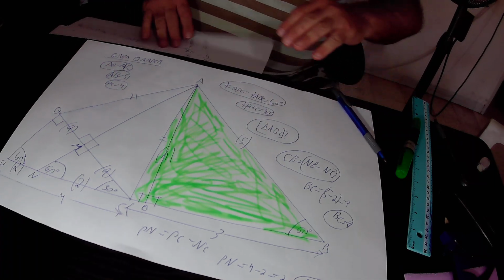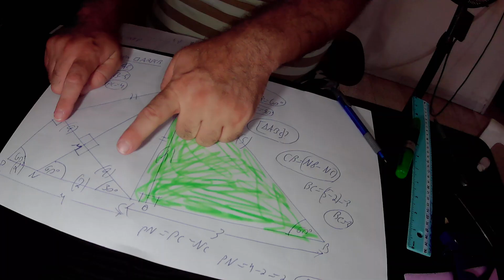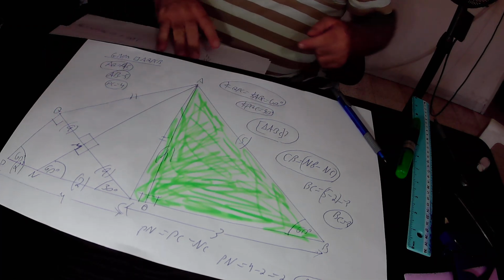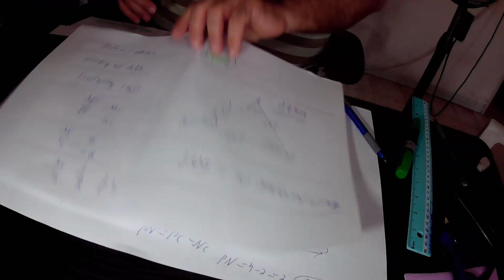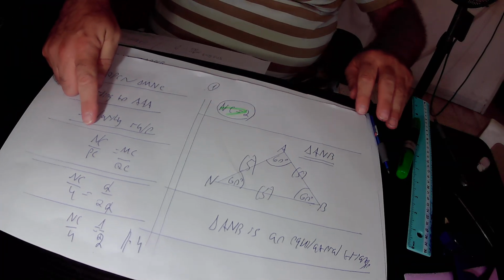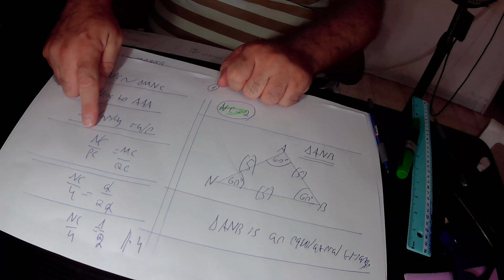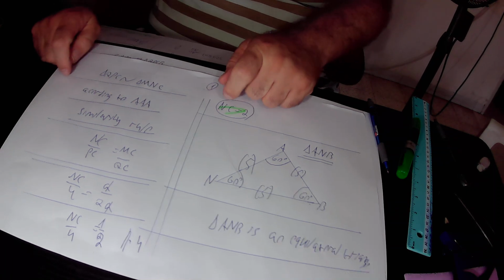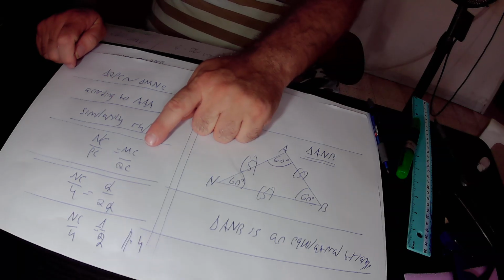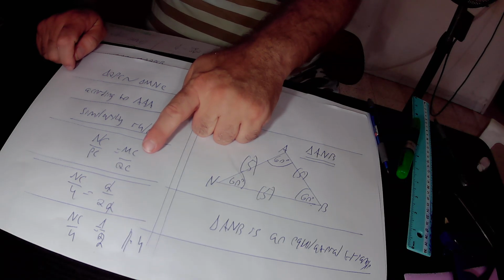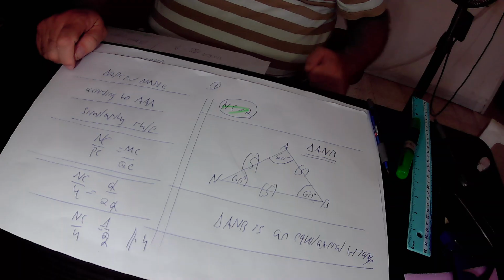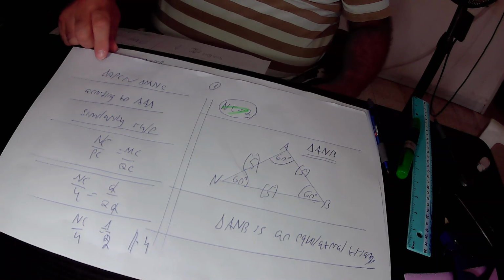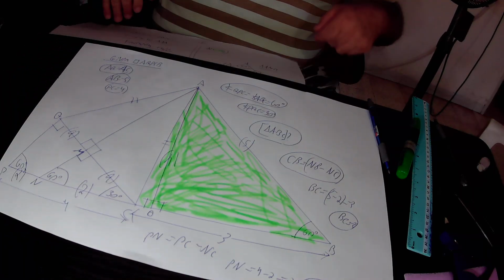So again, from the fact that those two right triangles are similar, we derive that side NC of the small right triangle MNC over side PC of the big right triangle QPC equals side MC of the small right triangle MNC over side QC of the big right triangle QPC. NC is the missing side, so we leave it as it is, over PC.